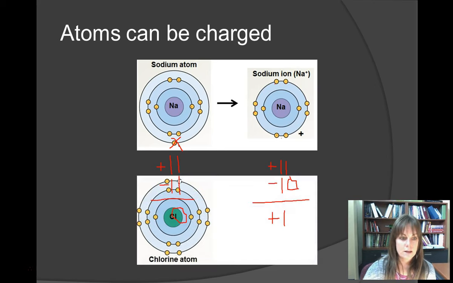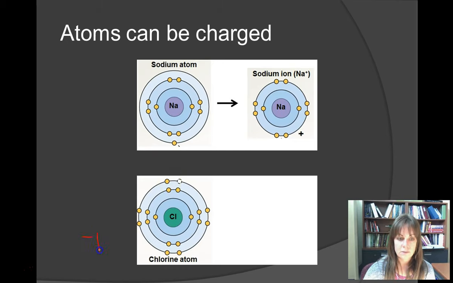Okay, so now let's erase the ink here, and now let's look at a different atom. Okay, so chloride here. Okay, we've got 1, 2, 3, 4, 5, 6, 7, 8, 9, 10, 11, 12, 13, 14, 15, 16, 17 electrons here.